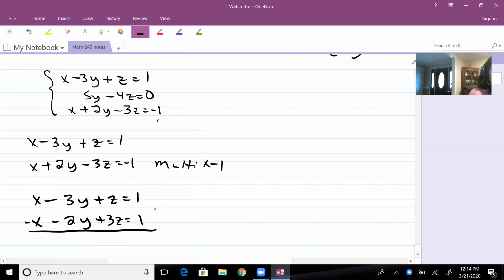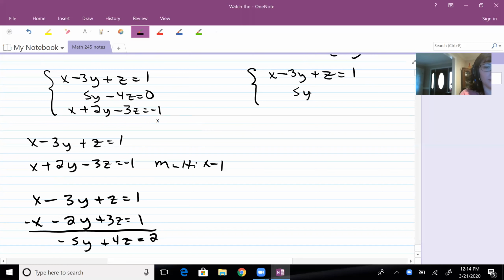So we got the x's to cancel out. That's now going to make -5y, 4z, and a 2. So that is going to be the new third equation in the system. So things are coming along like they normally would.